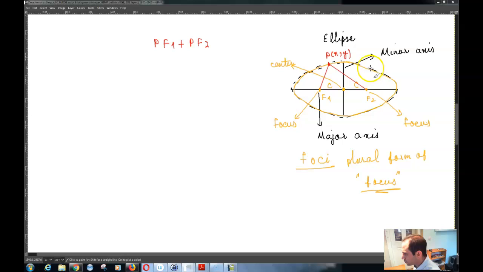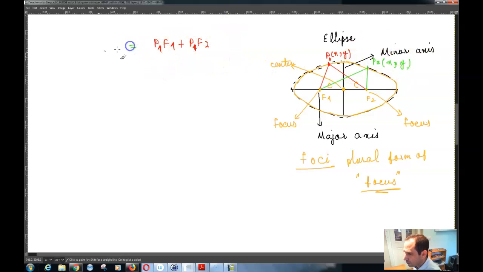If I pick another point P1, this becomes P1F1 and P1F2, and then I can pick another point P2, again some x comma y, and then I will have these two distances relative to point P2.